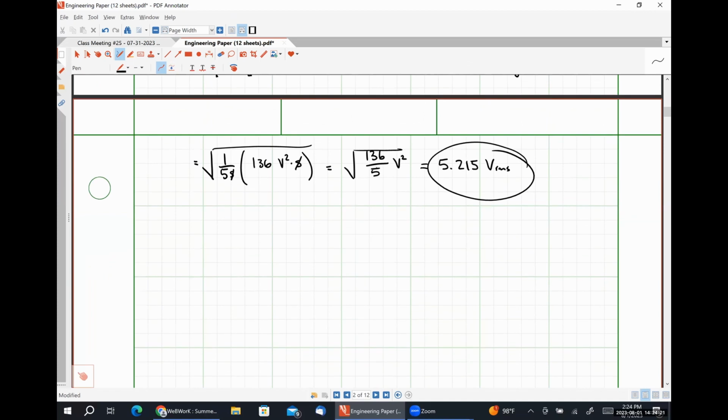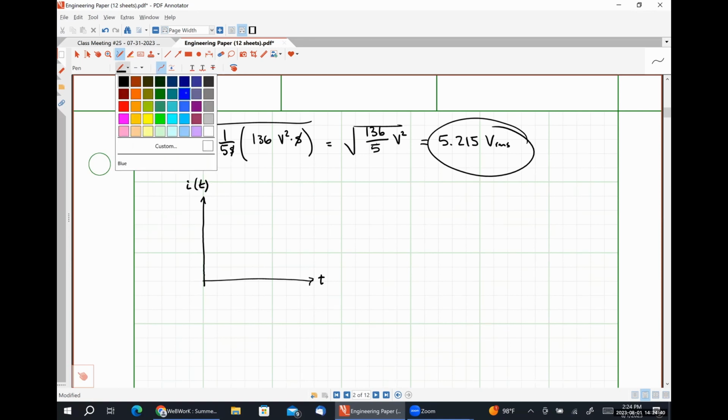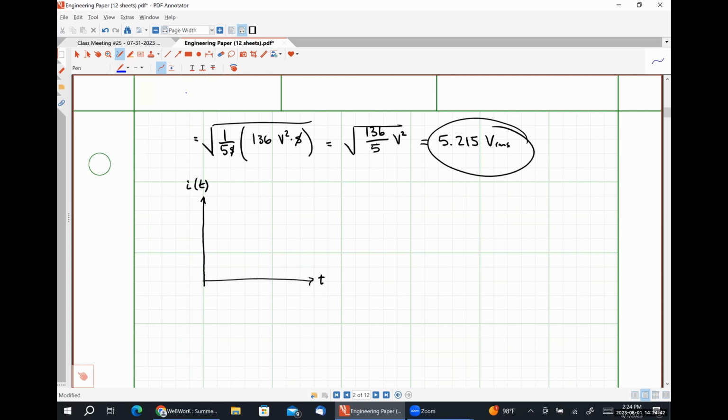Let's make this one a current this time, just for the sake of argument. So let's say that our current is a series of triangular pulses, right? We might call this a sawtooth wave.